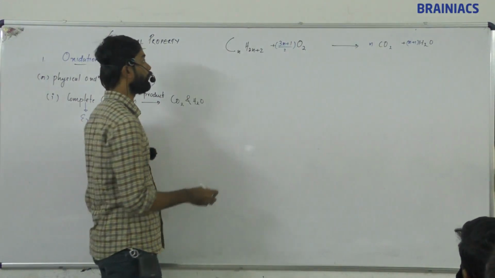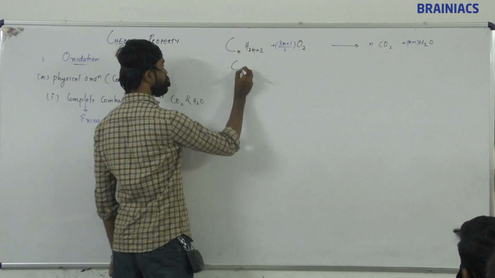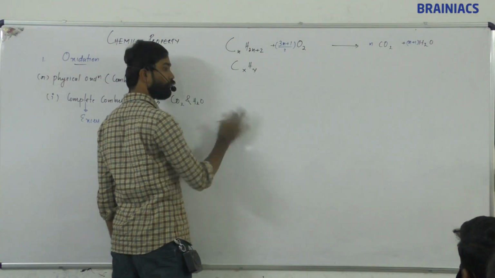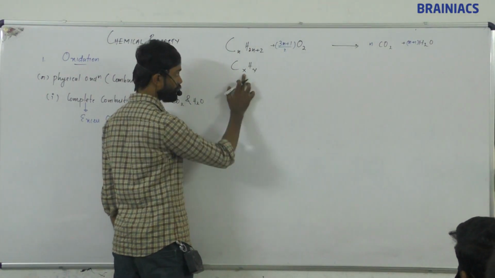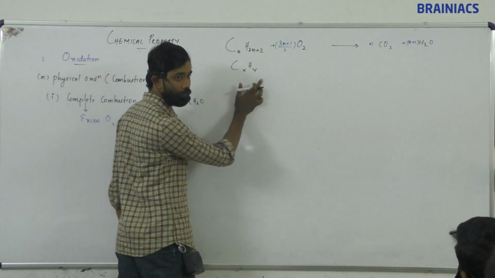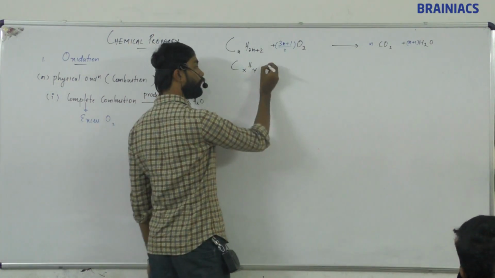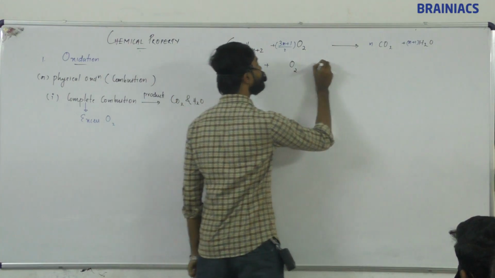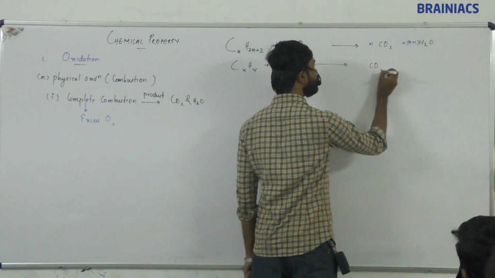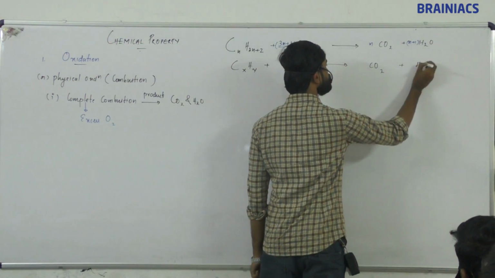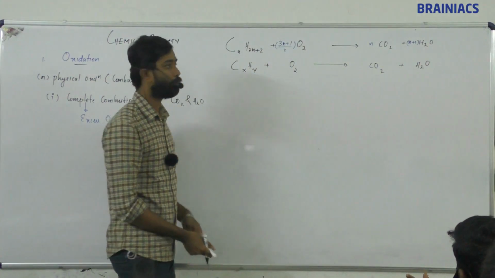In addition to this, you have to study for any hydrocarbon where the carbon number is x and the hydrogen number is y. Any hydrocarbon with excess oxygen forms carbon dioxide and H2O.